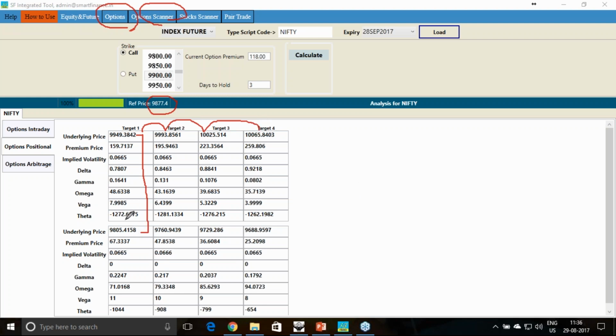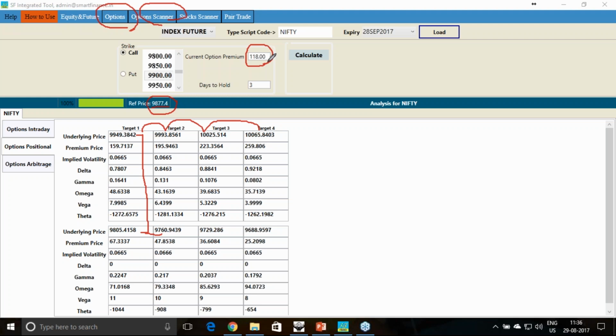In the same way, if it crosses 9805, it can go for 9761, 9729 and 9689. So these are the expectations for the Nifty in the coming 3 days. Currently you are at 9877 and the call option is at 118 rupees.